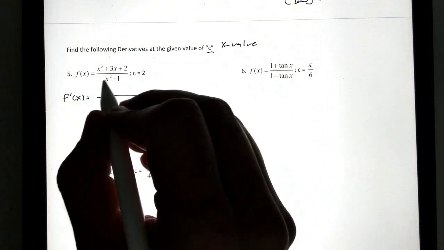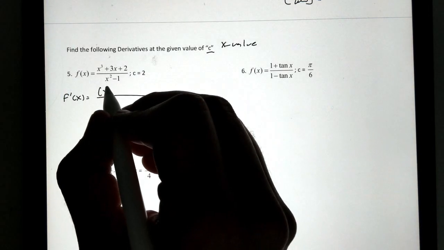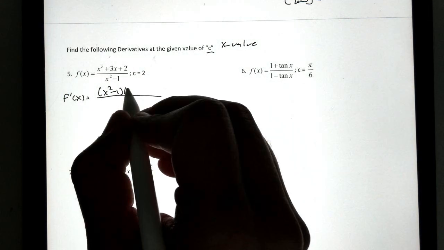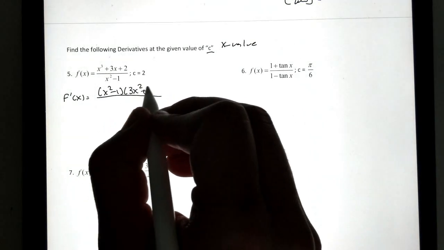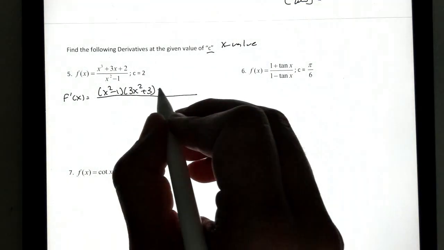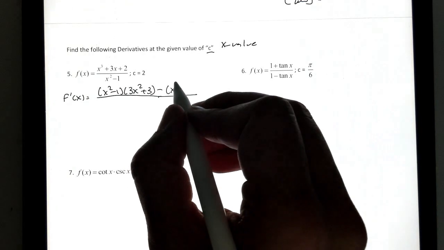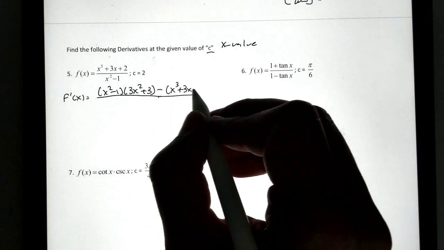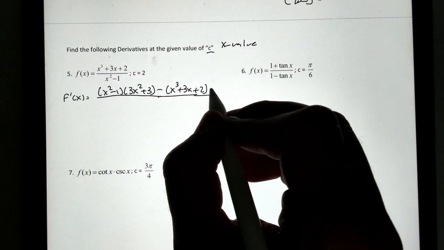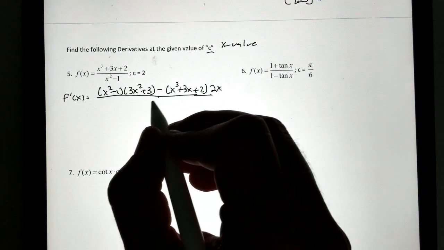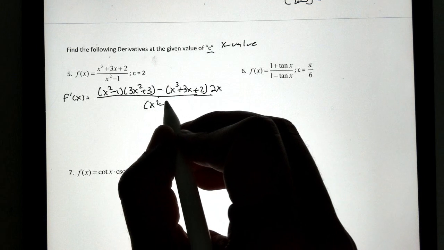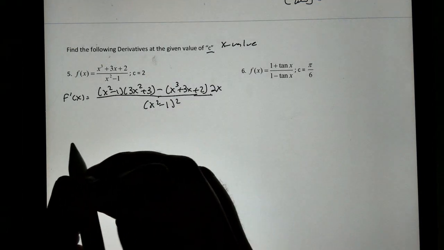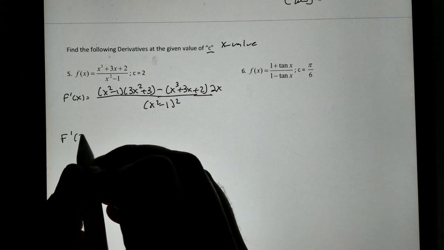So when we do our quotient rule, remember it's going to be the bottom one, low, d high, 3x squared plus 3, minus high, x cubed plus 3x plus 2, d low, which is 2x, all over the bottom squared, x squared minus 1 squared. And now we have to plug in our 2 here.